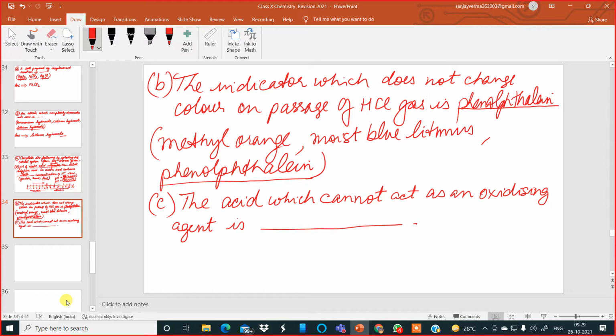And the options are: the acid which cannot act as an oxidizing agent is, first option, concentrated sulfuric acid. Remember, it is which cannot.